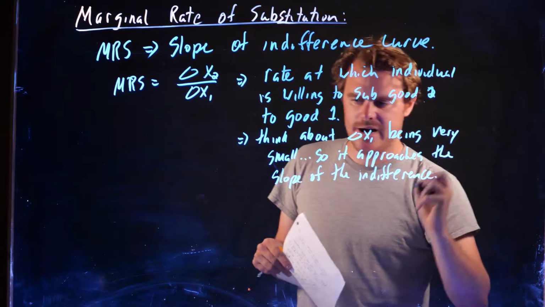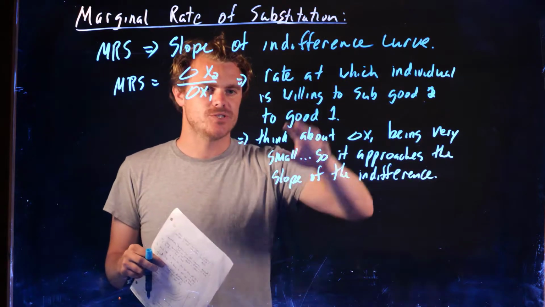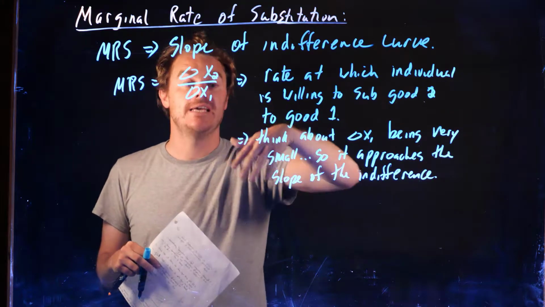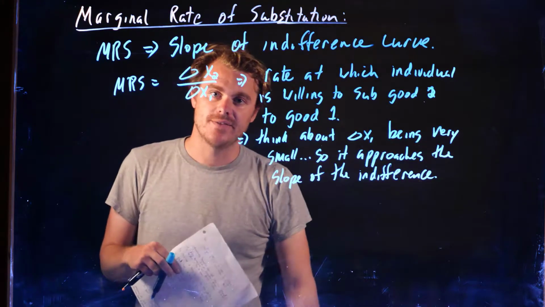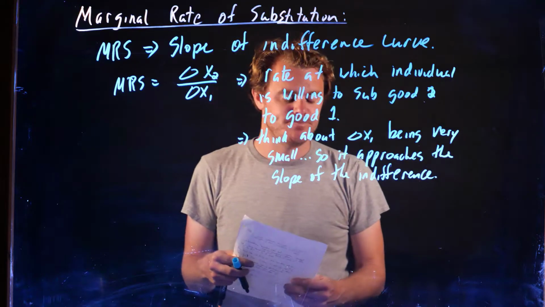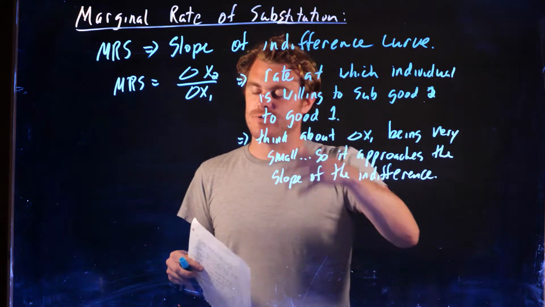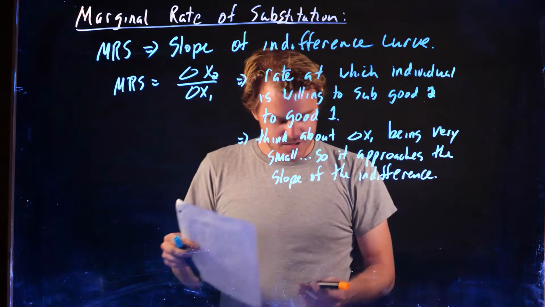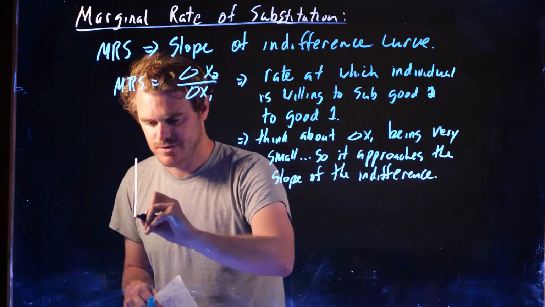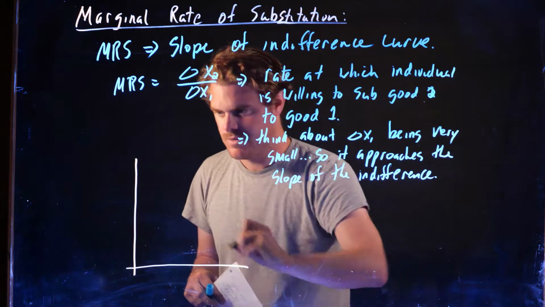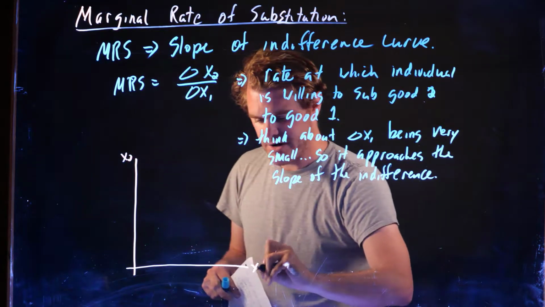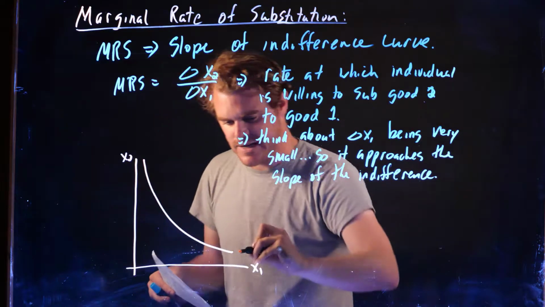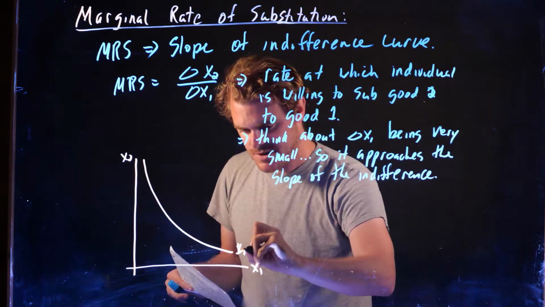And next chapter in the appendix, we'll start thinking about calculating the MRS by taking the derivative of this indifference curve, basically. So if we want to draw it out, x2 for the amount of good 2 and x1 for the amount of good 1, we have this indifference curve that has this nice convex shape.